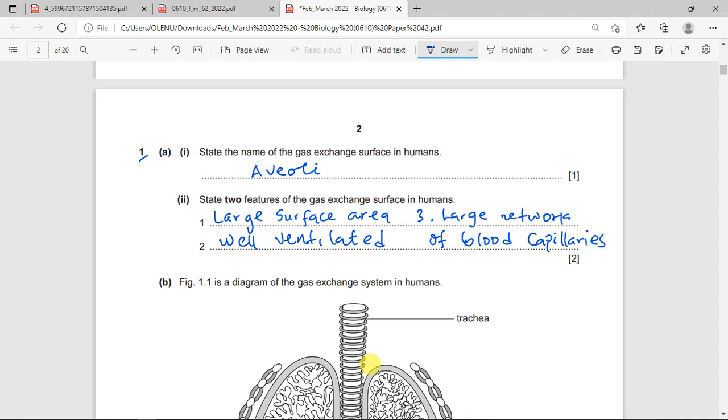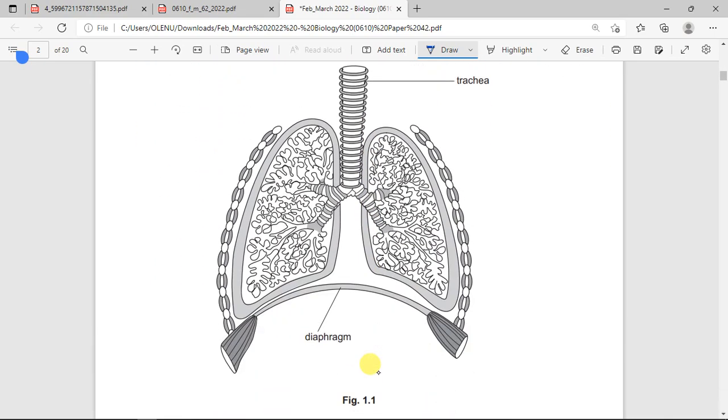And number 4, you find out that this gas exchange surface is moist. So that's it for that question.